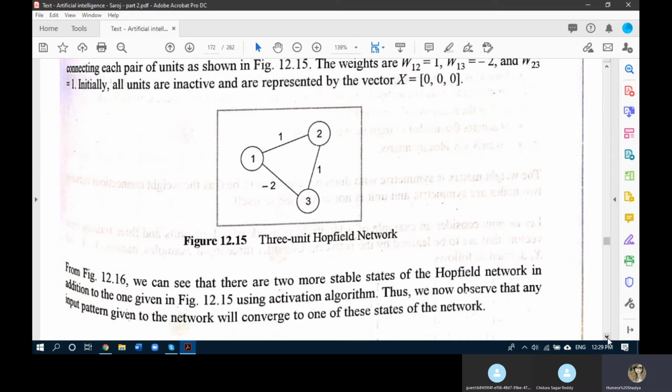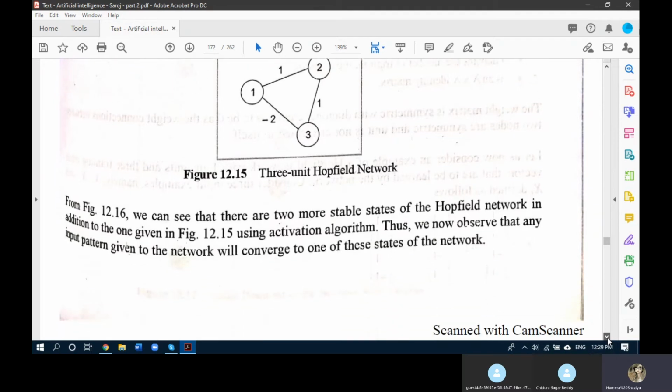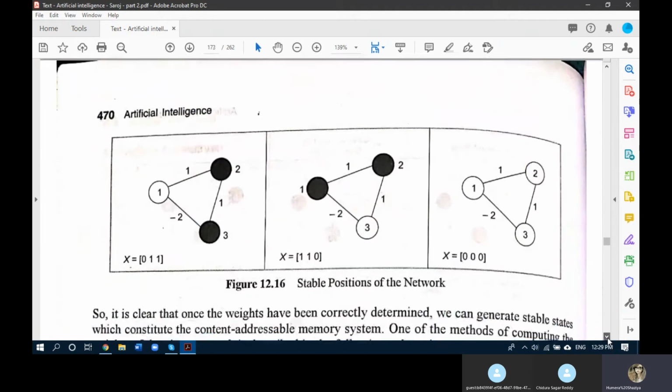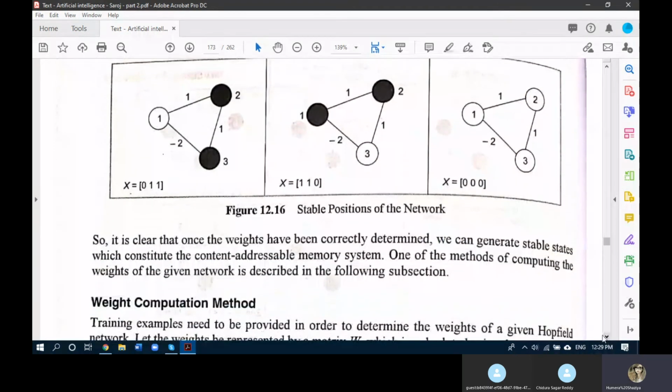Therefore, at that point, that network is said to be in a stable state, because no further changes can happen. The stable positions for that network can be any one of the three given here.